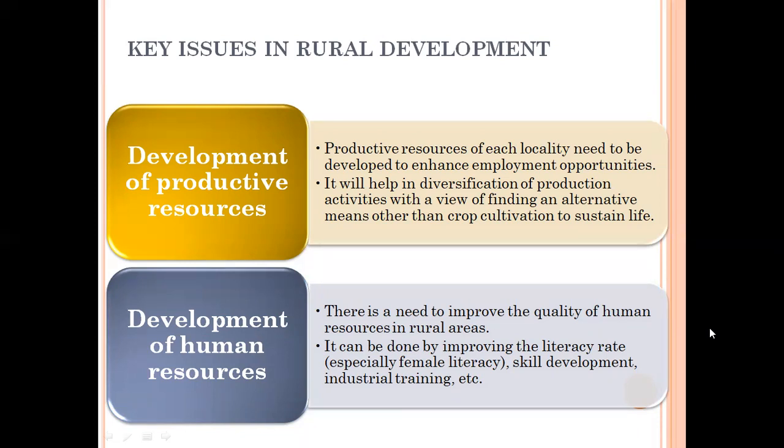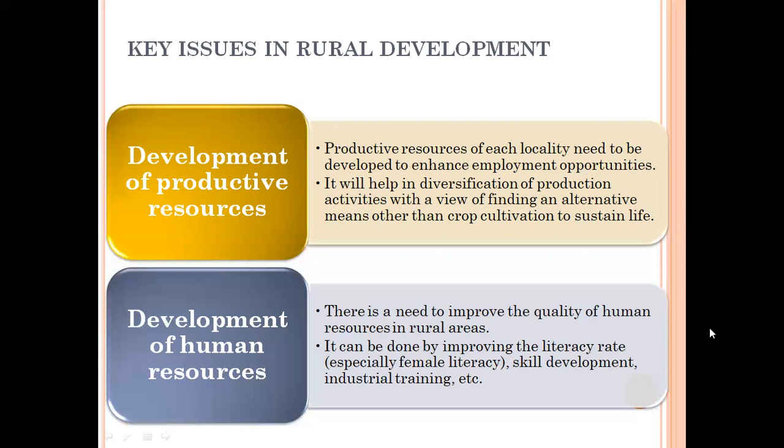Next is development of human resource. Rural areas lack quality human capital. Therefore, rural development programs should aim at development of human resource by investing in education, technical skill development, and on-the-job training for the available manpower.